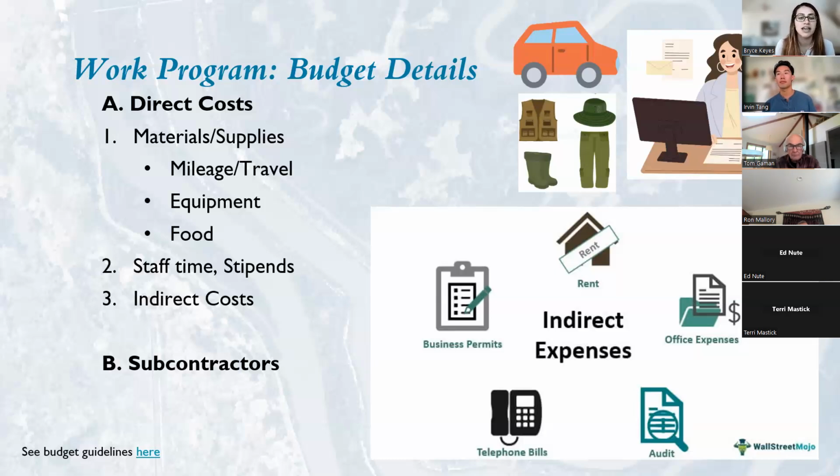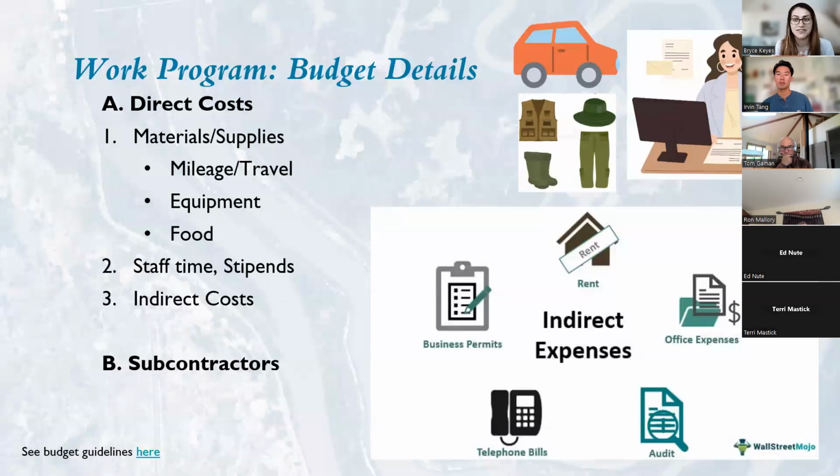This is something that we recommend you talk to an accountant about if you don't already have an indirect cost rate established for your organization. Unfortunately, your conservancy project manager can't help with that, but you'll just need to charge your indirect cost rate to each of your invoices, and you don't need to provide any backup documentation for that.